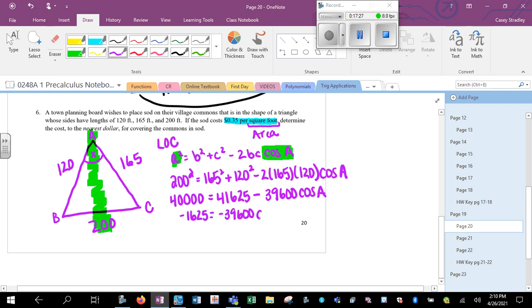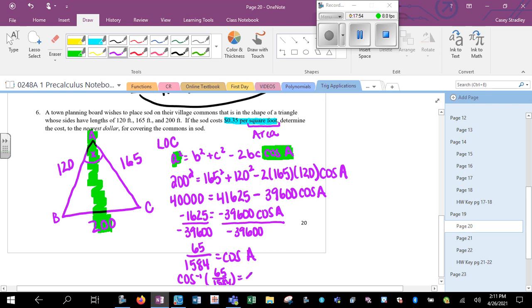Divide both sides by that negative 39,600. That way we get a value that we can do inverse cosine of. So that reduces to 65 over 1584. I'm going to do inverse cosine of that number.